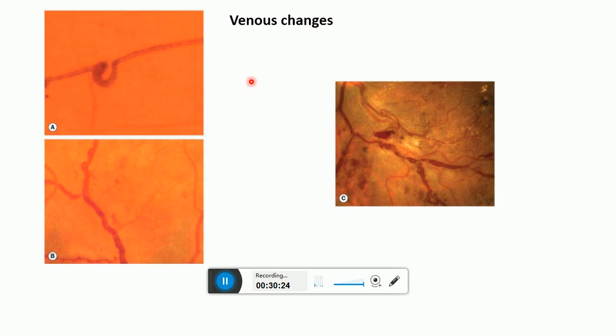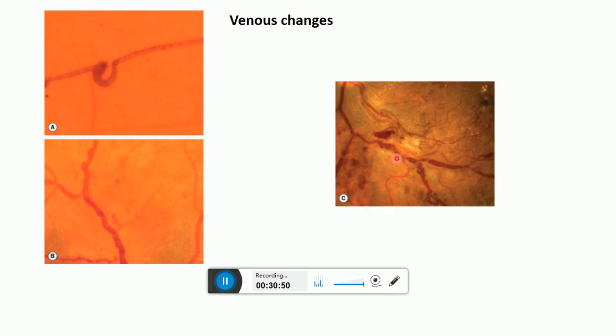Venous changes. Venous anomalies seen in retinal ischemia consist of generalized dilatation and tortuosity. There is looping, beading, which is focal narrowing and dilatations, and sausage-like segmentation.